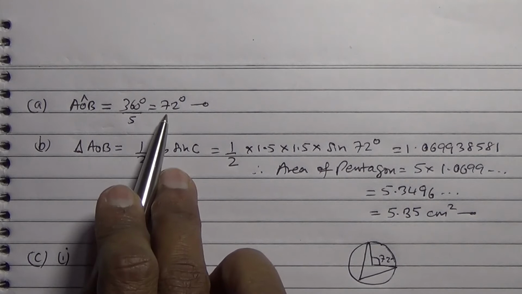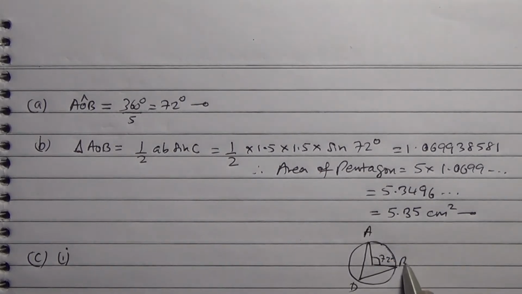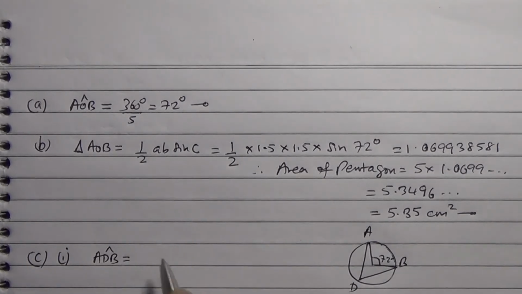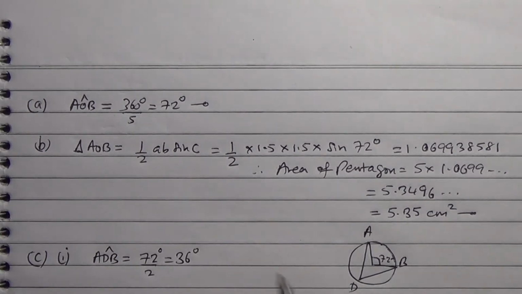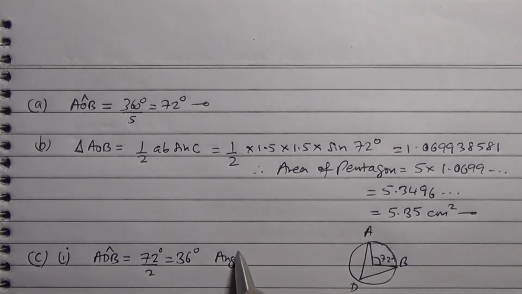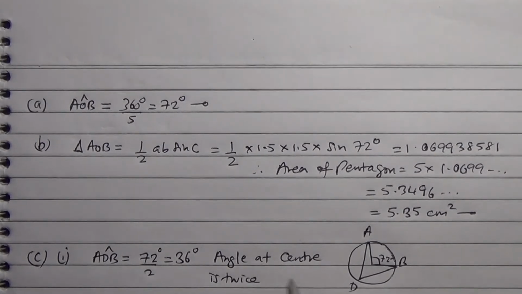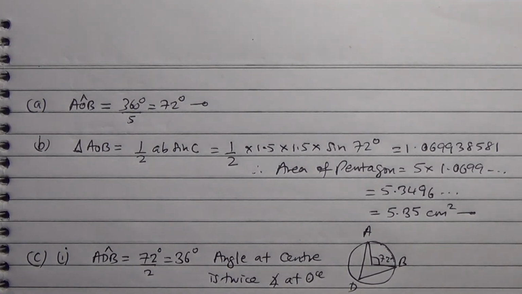Therefore, if this is ADB, then ADB is equal to 72 divided by 2, which is 36, and we need to explain that angle at center is twice angle at circumference. So this is how we explained it.